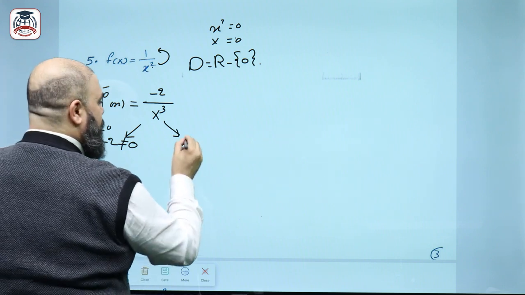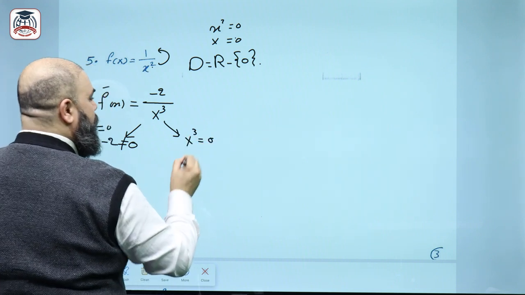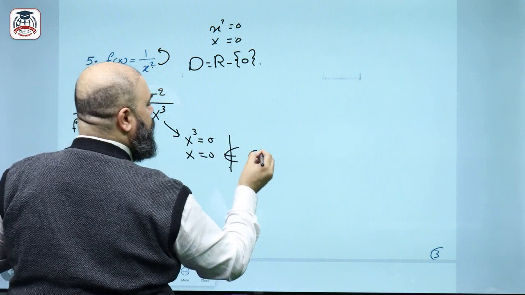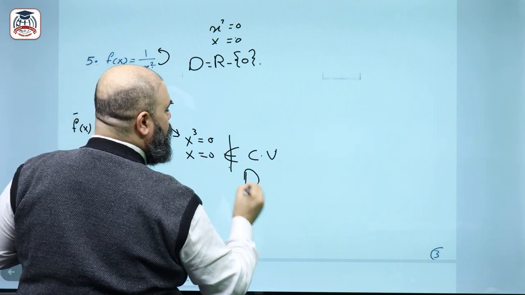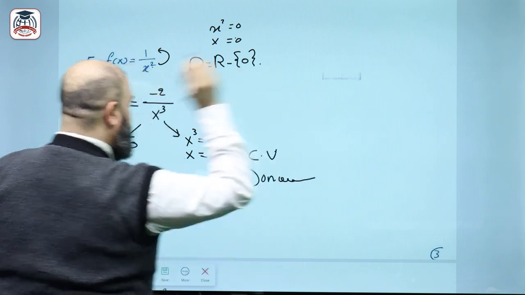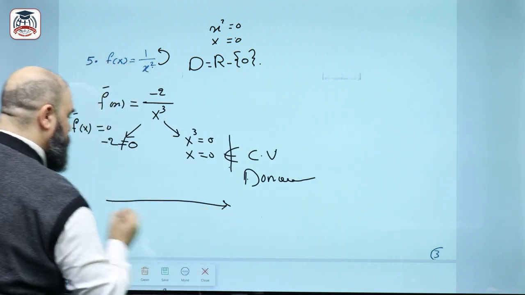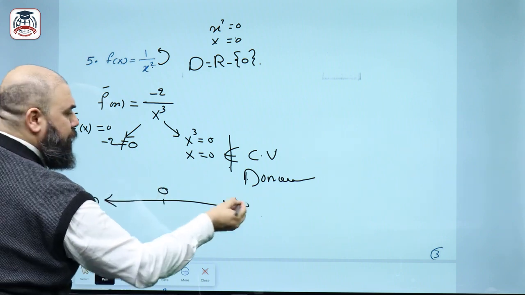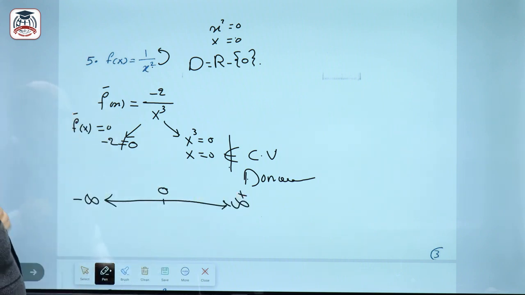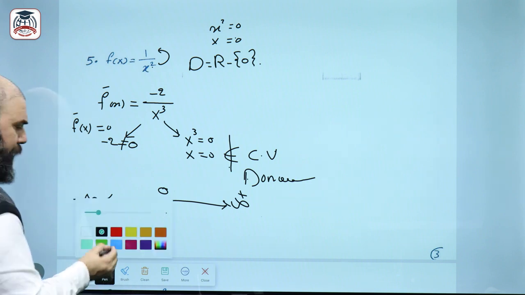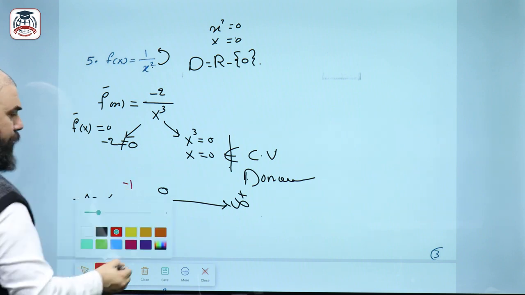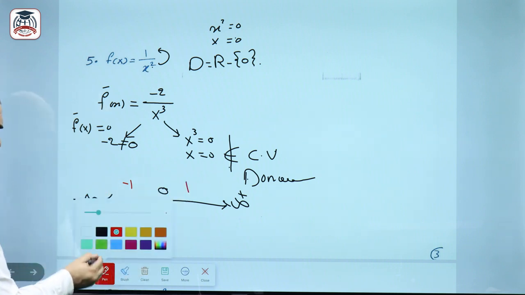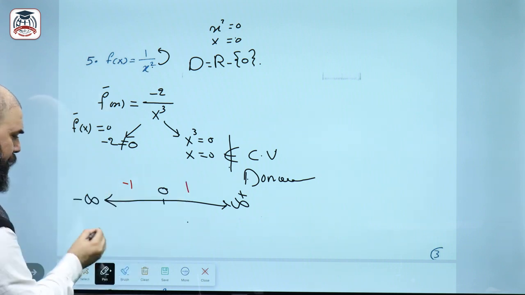If x cubed equals 0, then x is 0, but it's not a critical value because it doesn't belong to the domain. Plot 0 on the number line, and use negative 1 and positive 1 to the right. Substitute in f prime of x.